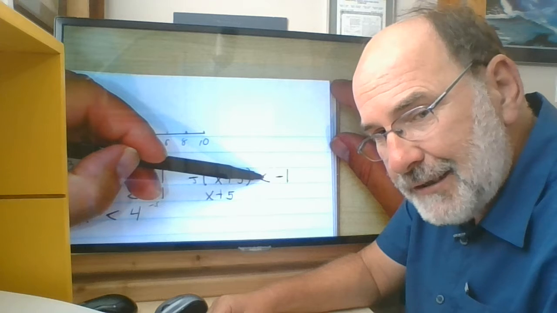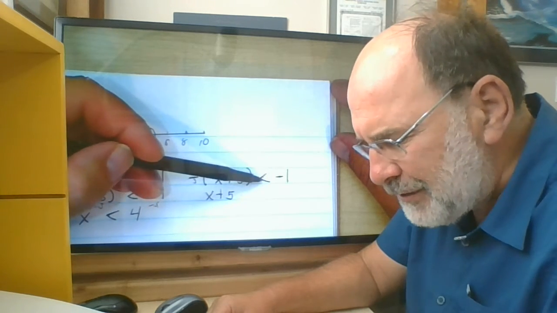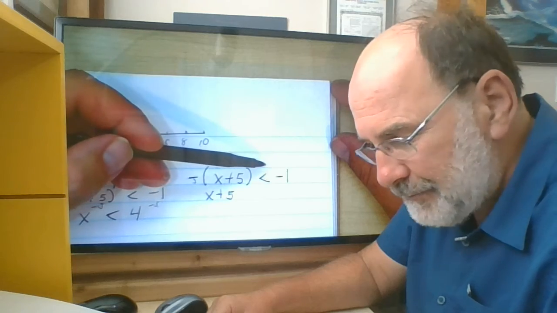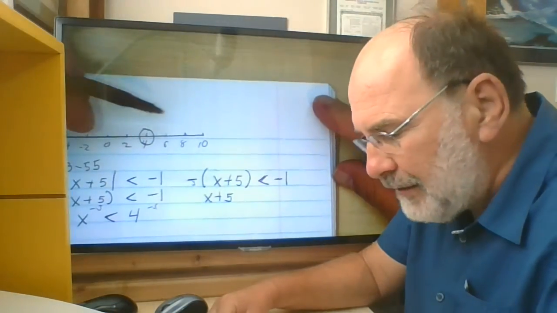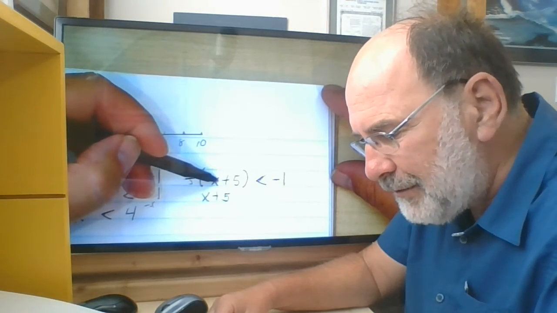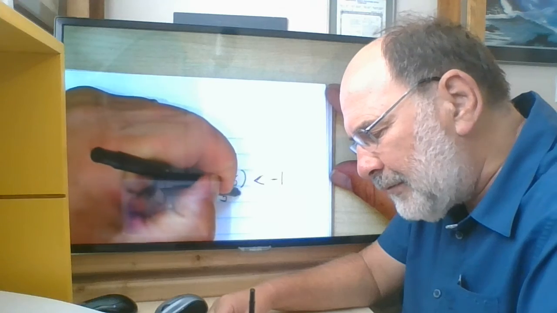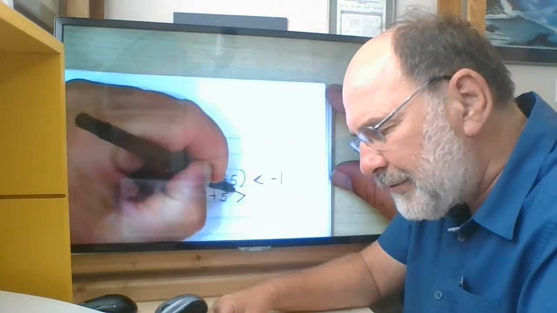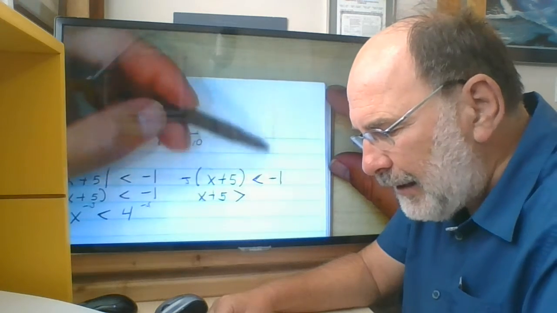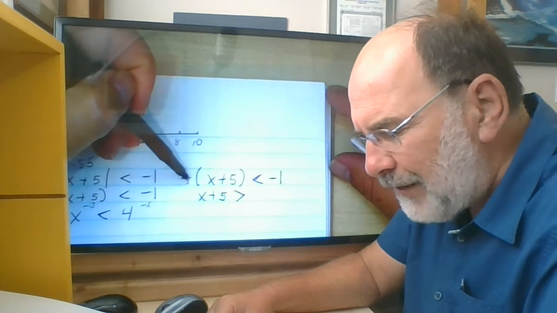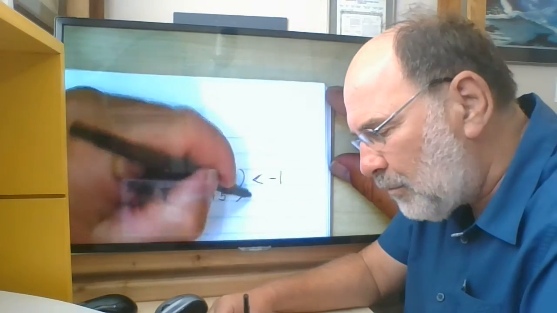When we divide by a negative number, we have to reverse the inequality. So if it was originally less than, when we divide by a negative number or multiply by a negative number, it reverses orientation. So less than becomes replaced with greater than. And we're just dividing both sides by -1. So -1 divided by -1 is 1.